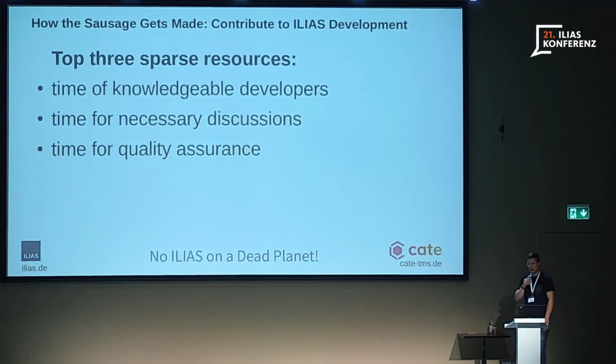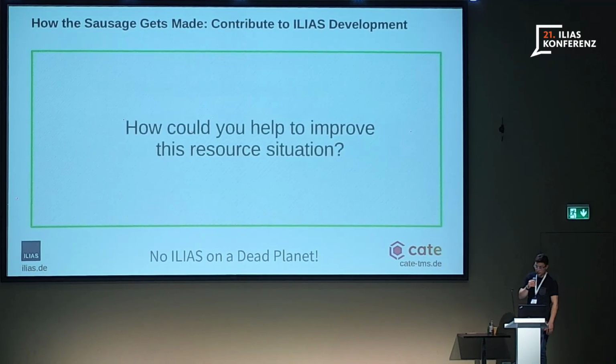I want you to become active, at least in your mind, for a little moment and ask yourself, is there anything I can do to help with these sparse resources? Even if you're not a knowledgeable developer, or you don't have time for necessary discussions or quality assurance, I'm sure there are things that most of you can do, and I want you to ask yourself what that might be.